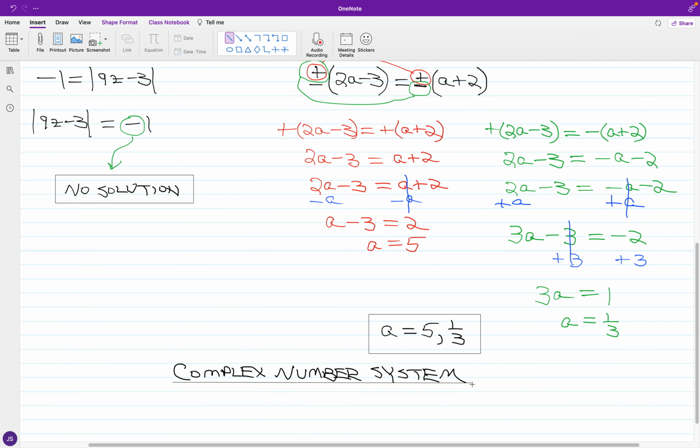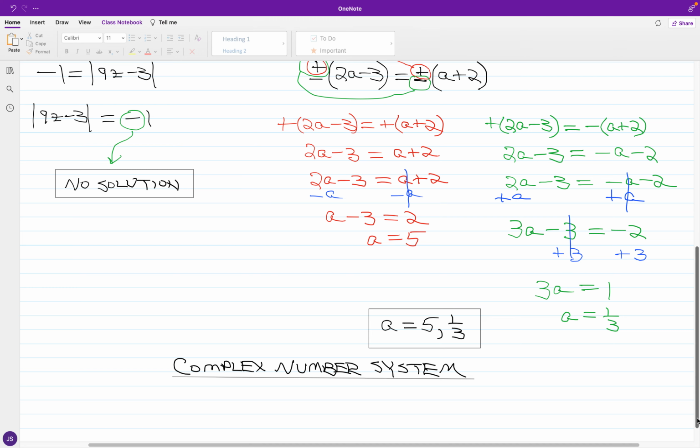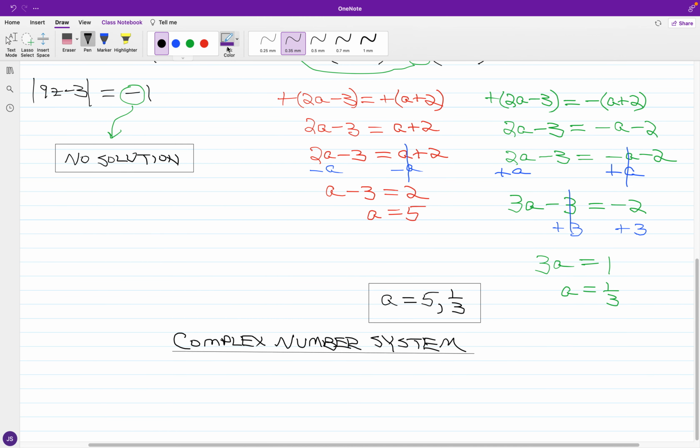And the centerpiece of the complex number system is going to be around a particular variable, which is the letter I. You have that I is equal to the square root of negative 1. And we're going to have I squared is equal to negative 1.